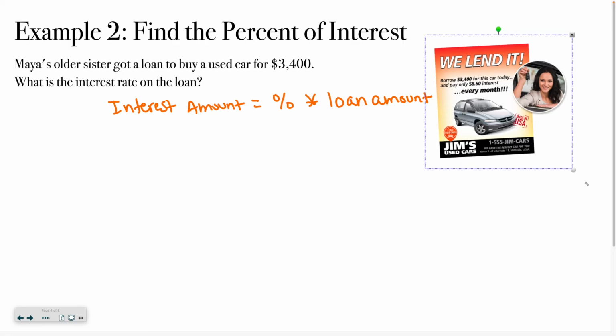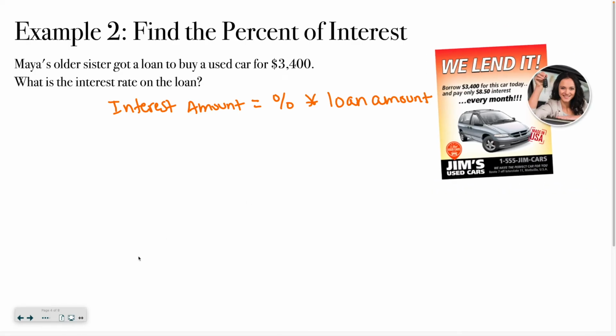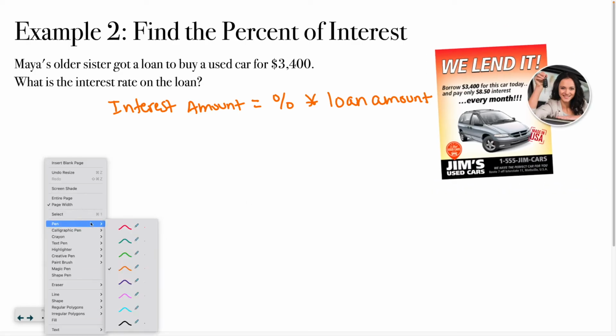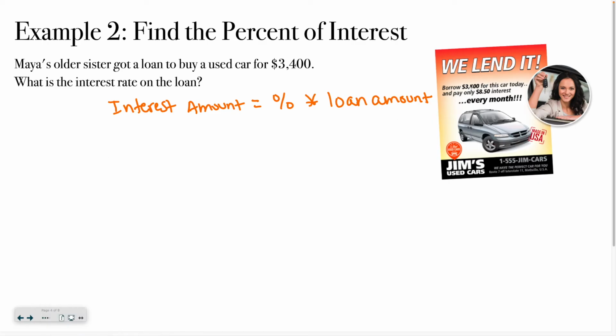We have this little magazine here where it tells us that if we were to borrow $3,400 for this car today, we would only pay $8.50 in interest every month. Okay, so this one, they're trying to be a little sneaky, which advertisements do, so please pay attention. Okay, so $8.50 is how much she has to pay in interest every month.